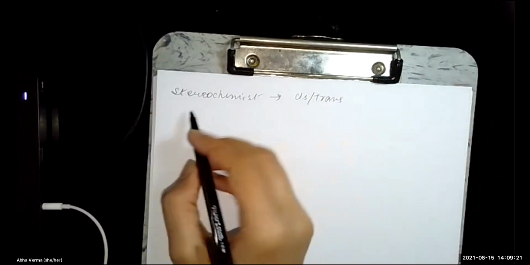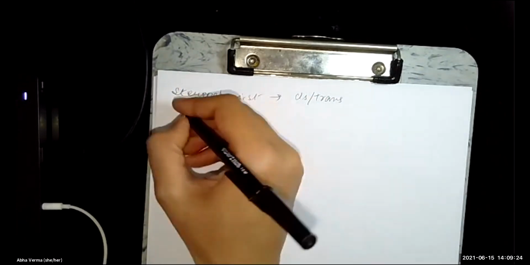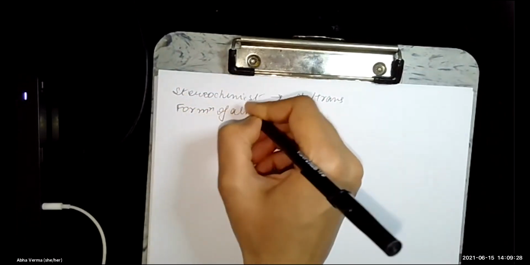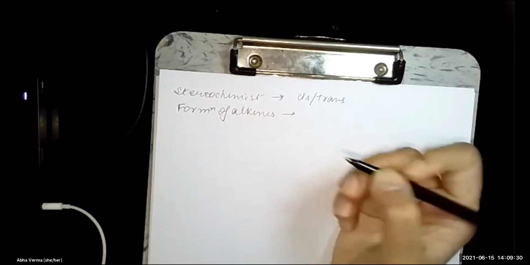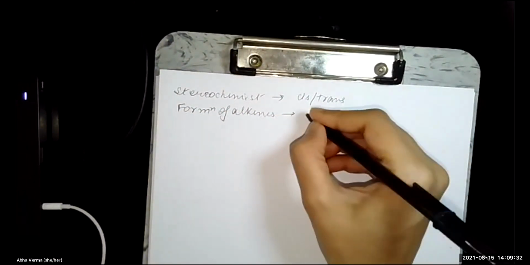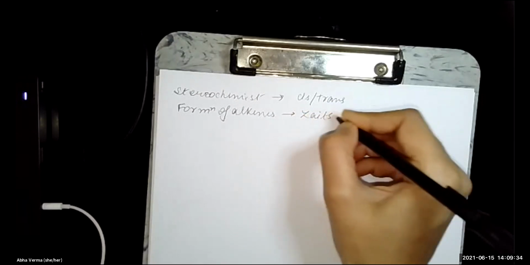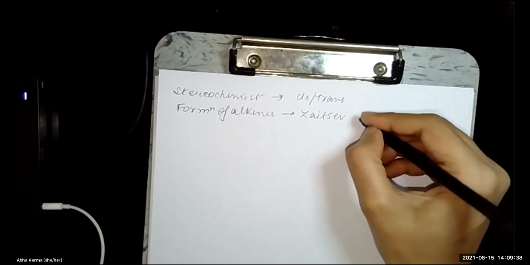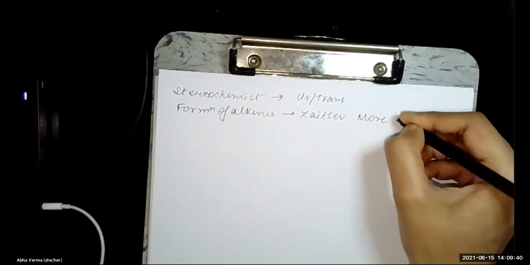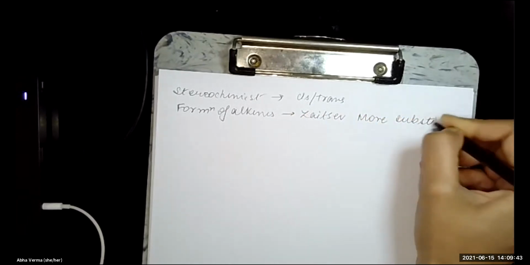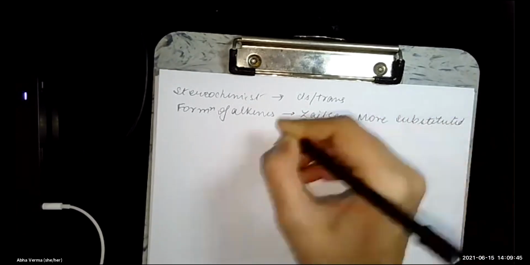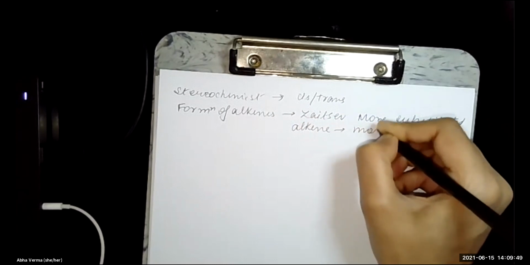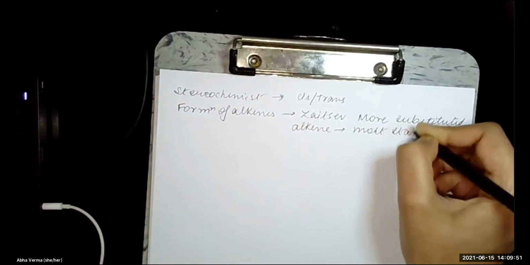So when you are going to form alkenes, we look at Zaitsev's rule. Zaitsev says that the more substituted alkene will be the most stable alkene.